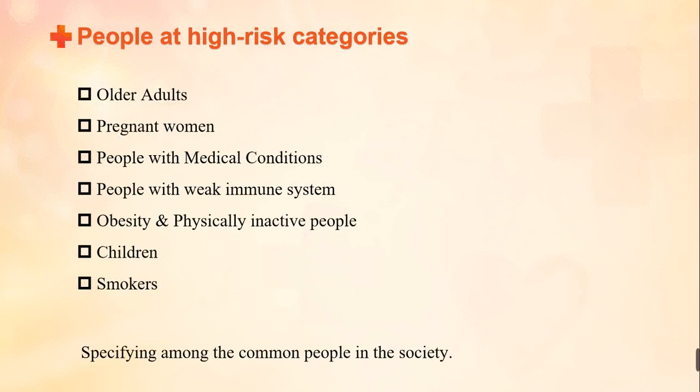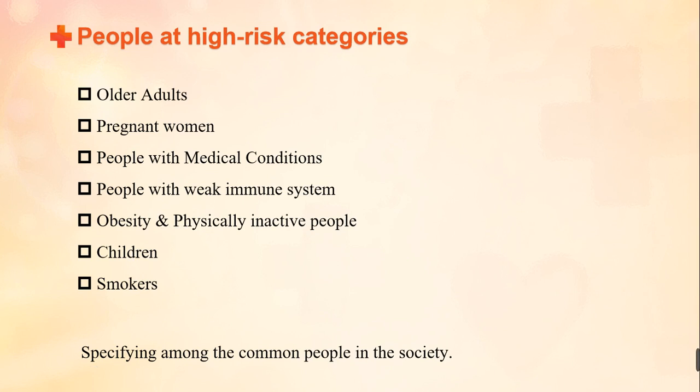So it's a main mutation of concern, and people at high risk categories, you might be aware about it: older adults, pregnant women, people with medical conditions like heart issues, lung issues, or cancers, other kinds of serious chronic issues, people with weak immune systems, obese people, and physically inactive people.